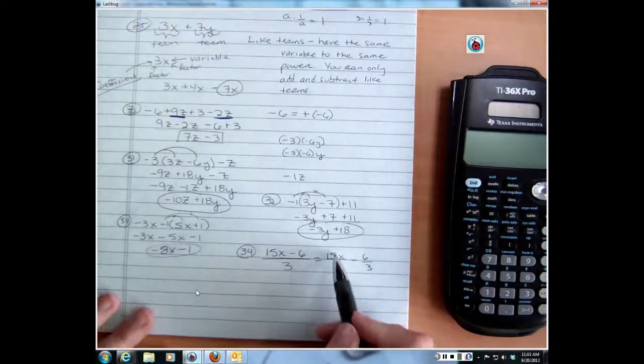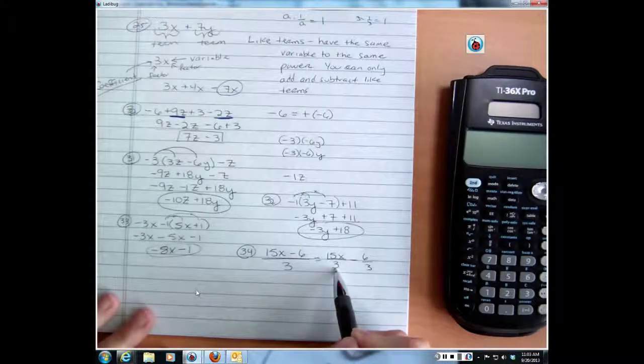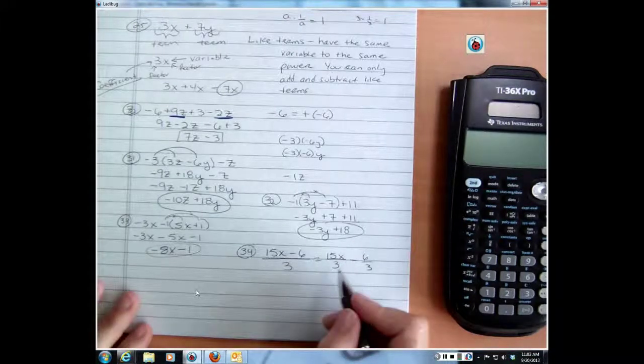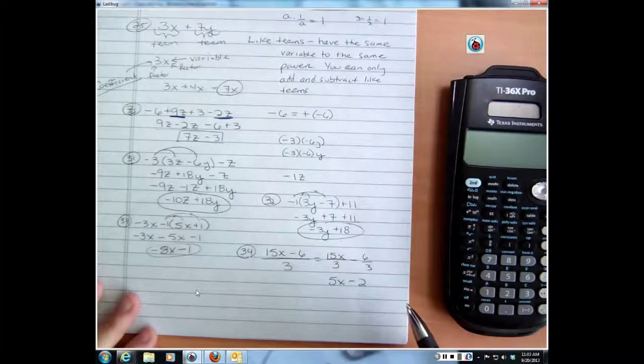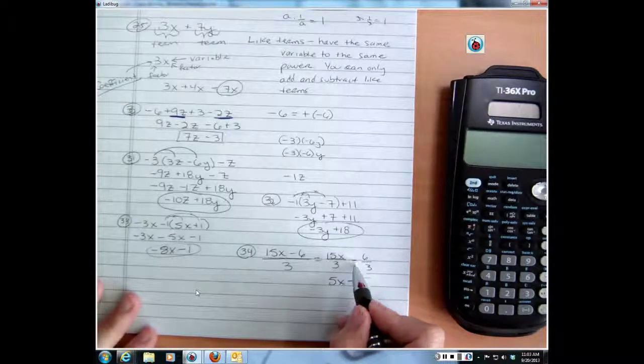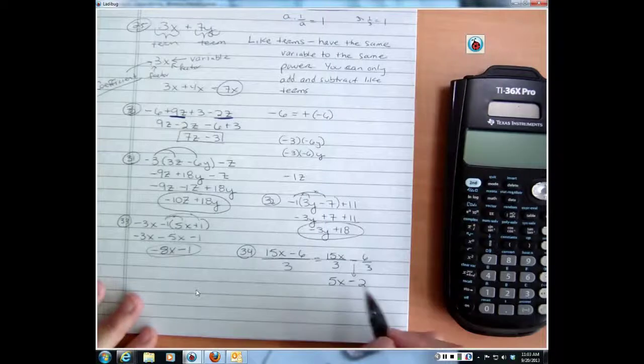This is a division. 15 divided by 3. It's all positive, so it's going to be a positive 5x. And then over here I've got a minus, and 6 divided by 3 is 2. This minus sign just came straight down. It didn't affect what I was doing there.